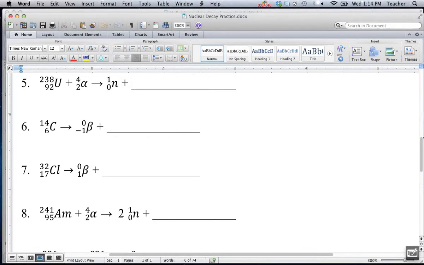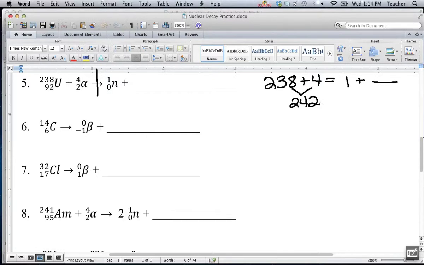All right, so starting with number 5 here, instead of having one thing on one side and two things on the other, this time we have 2 and 2. And we solve it just the same way. If we look at the top, we would have 238 plus 4 is equal to 1 plus something. Well, if I combine those, that is 242.